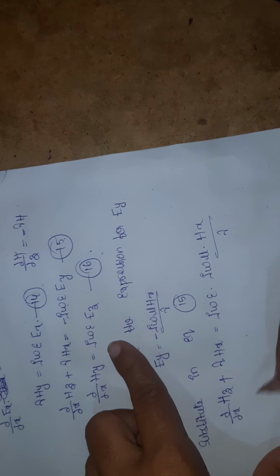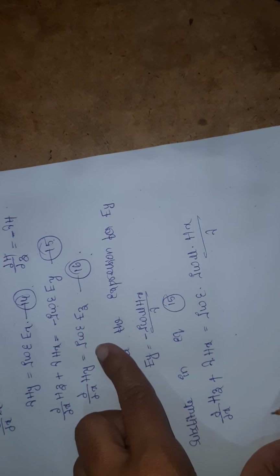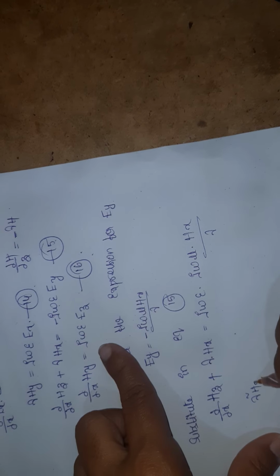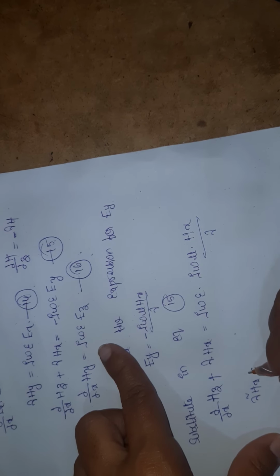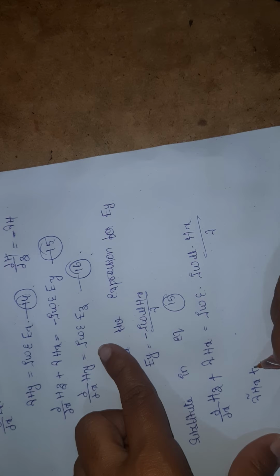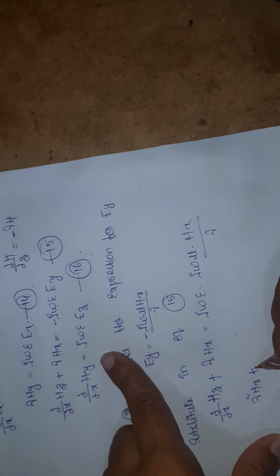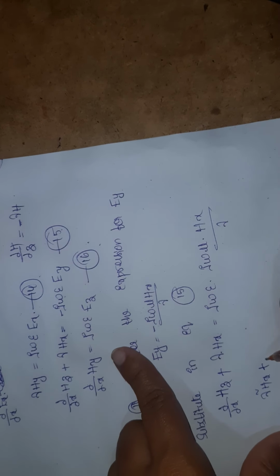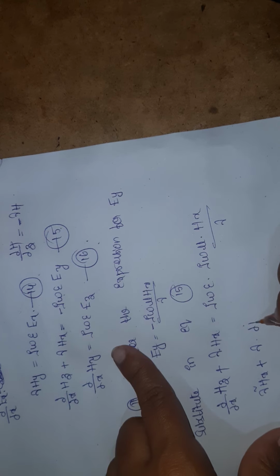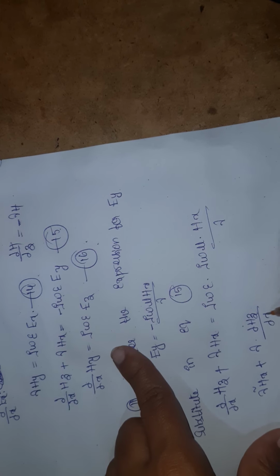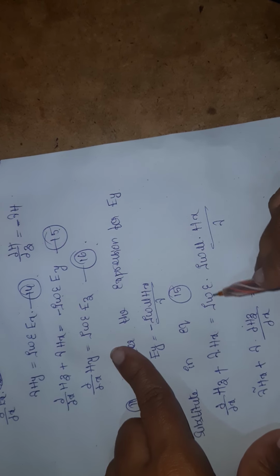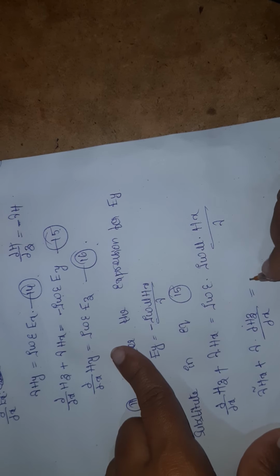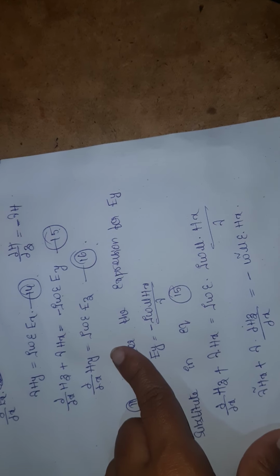Okay, so here take out this gamma to the left hand side, so gamma square hx plus gamma into ∂hz/∂x is equal to j square, means minus omega square mu epsilon hx.